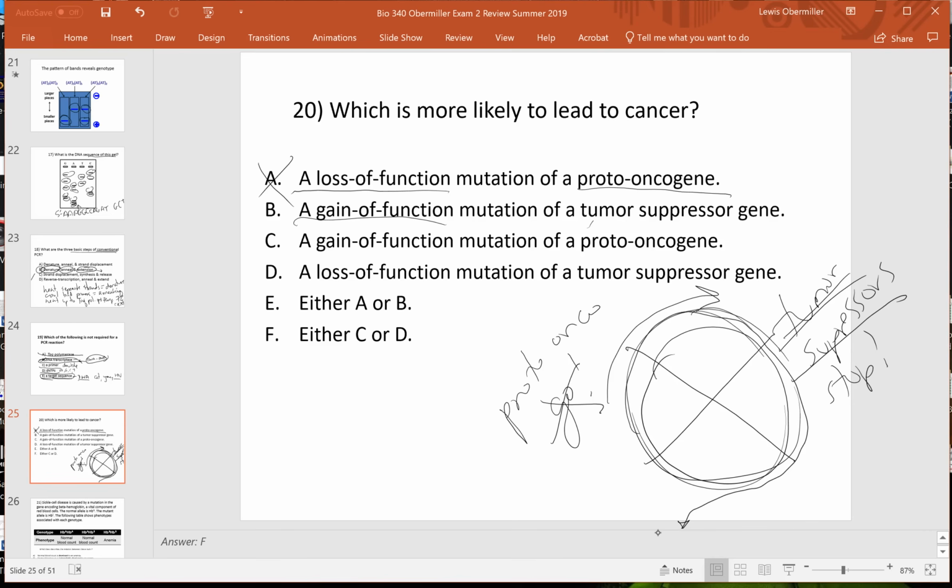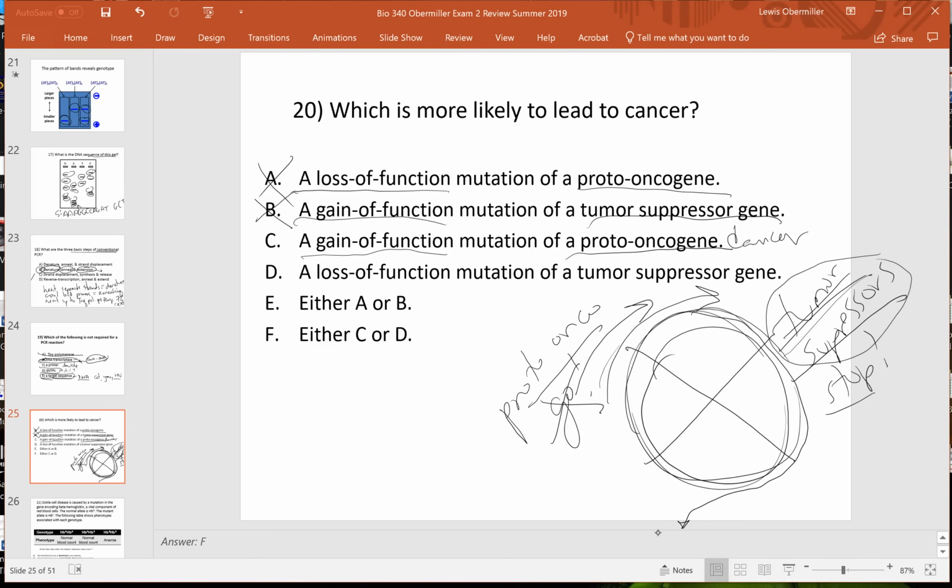Gain of function of a tumor suppressor gene. So if a tumor suppressor gene gained its function back, it would suppress the tumor, and so you wouldn't get the cell cycle because it would tell it to stop. So that wouldn't do anything. If the proto-oncogene gained function, it would tell the cell to go, and this could lead to cancer, right?